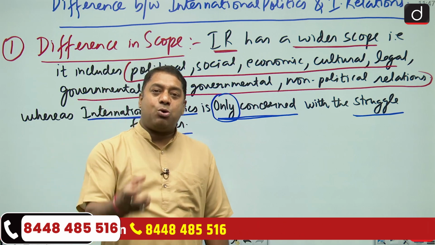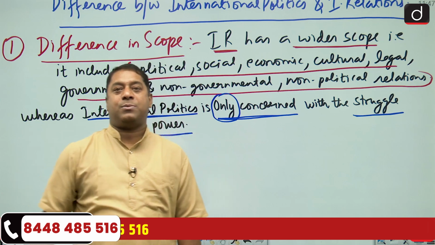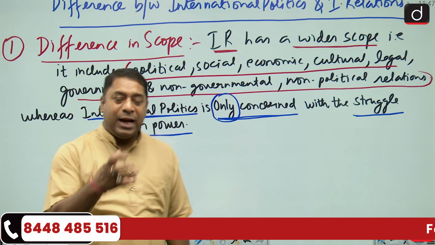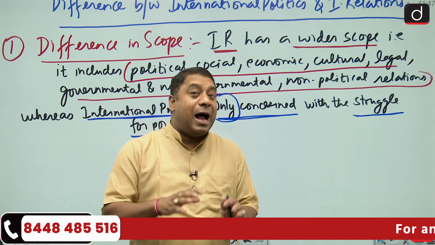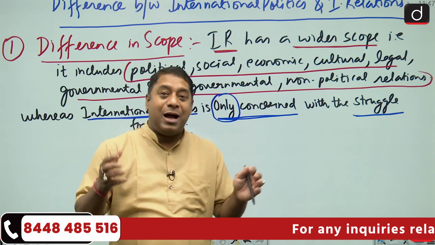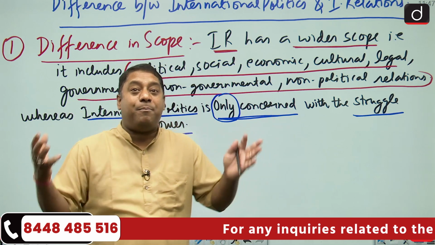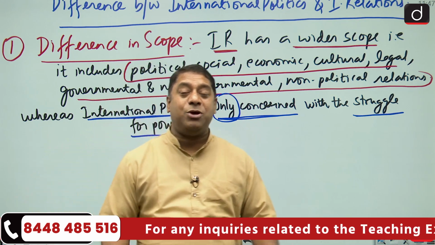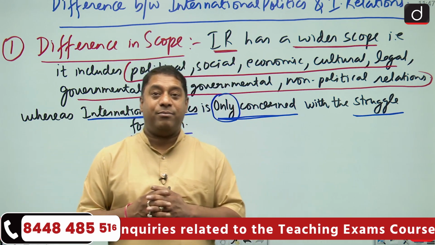But when it comes to international politics, the ultimate aim is what? Struggle for power. So when the ultimate aim becomes struggle for power, everyone is trying to become powerful.